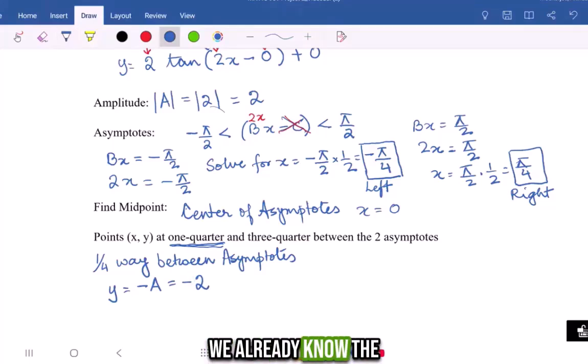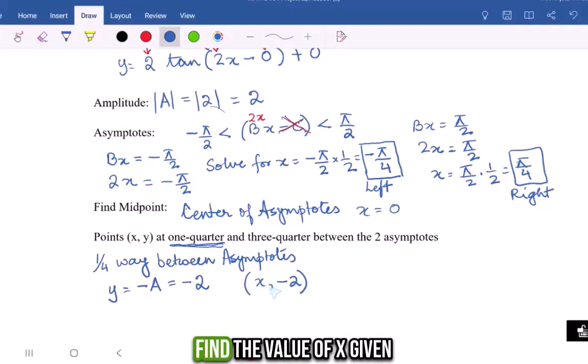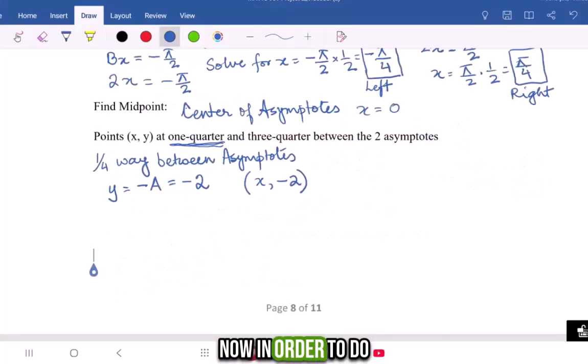We already know the value of the y coordinate 1/4 way, so I'm going to write it as x comma negative 2 to start with. And now I will find the value of x, given that y is negative 2. In order to do that, we are going to use the function given to us, which was y equals 2 times tan of 2x.